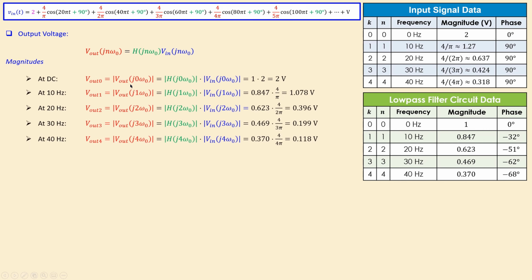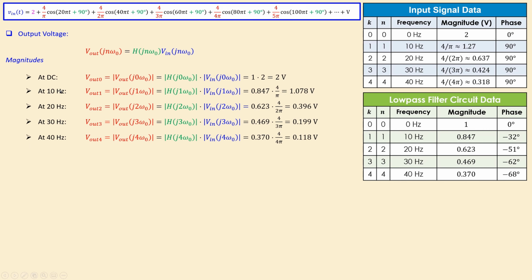That is actually what this expression means. So if I look at my magnitudes, look at DC and also the first harmonic 10 Hz, second harmonic 20 Hz, this is the third harmonic, etc. I can then calculate for each situation the magnitude of my output signal. That's just the magnitude, so the amplitude. So what do I have? I have a DC value for my low pass filter and also a value for my input signal.